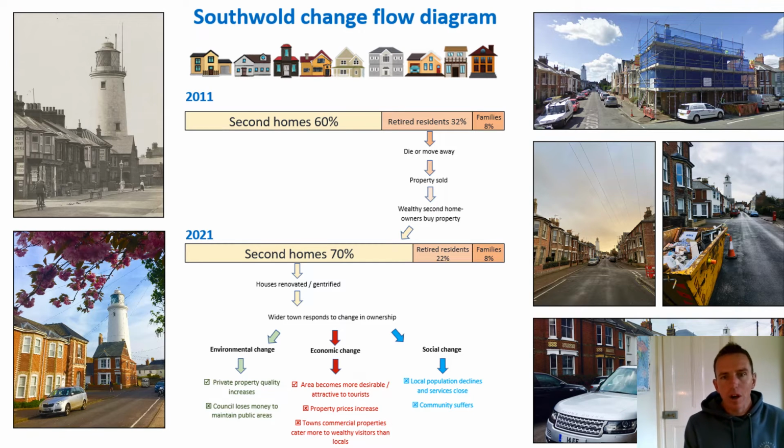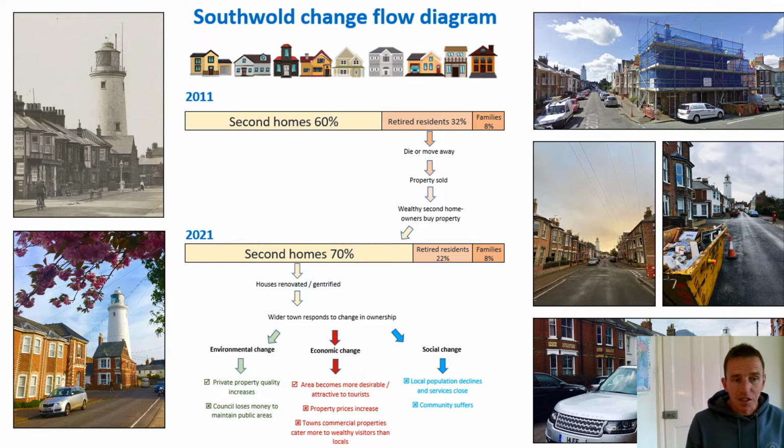But actually, overwhelmingly, as you walk down Southwold's High Street, again, you get this sense of wealth and the impact of gentrification, because the shops and services on Southwold High Street are geared towards a particular type of person. There are high-end delis, there's lots of very nice kind of cafes, but there's also lots of high-end clothing stores and jewelers and galleries and antique shops, and shops that are obviously geared towards people that have got a bit of money or that are here on holiday.